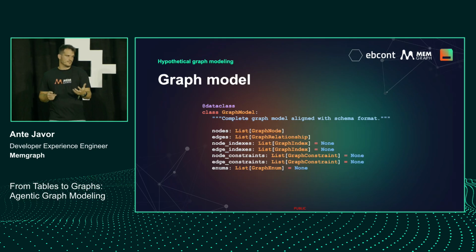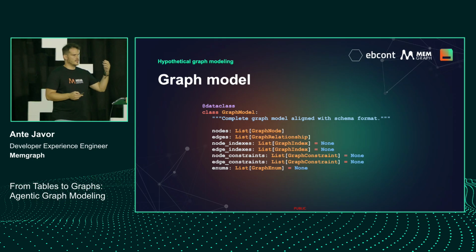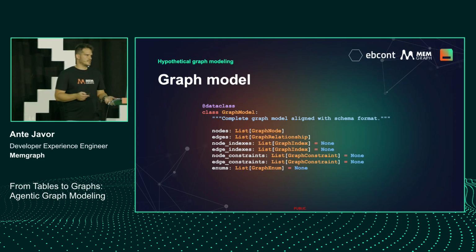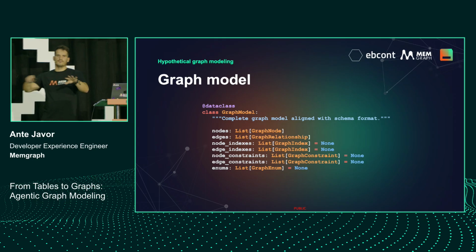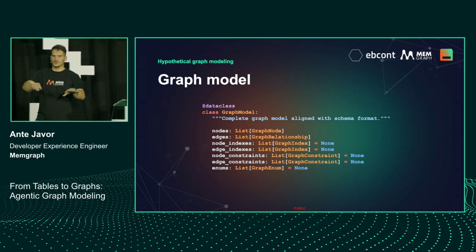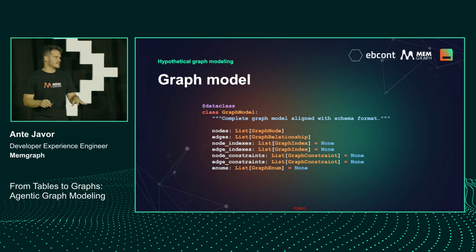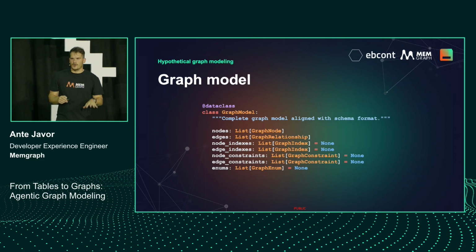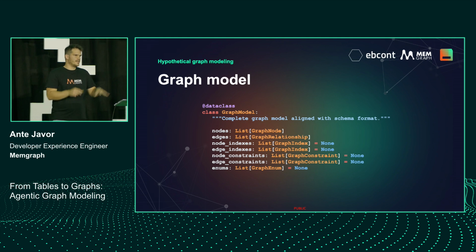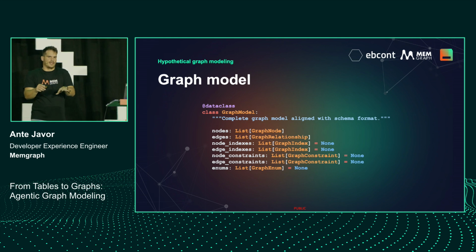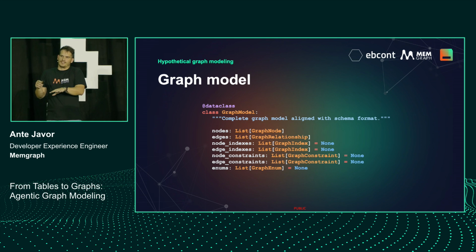And once we get that model, we have nodes, edges, node indexes, edge indexes, and constraints. I didn't mention that obviously you also need to model the indexes and constraints, but this is also part of that process. Ideally, you would also want to model embeddings and everything else that you probably need in the graph.